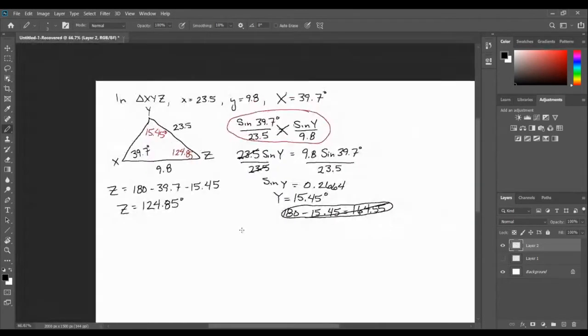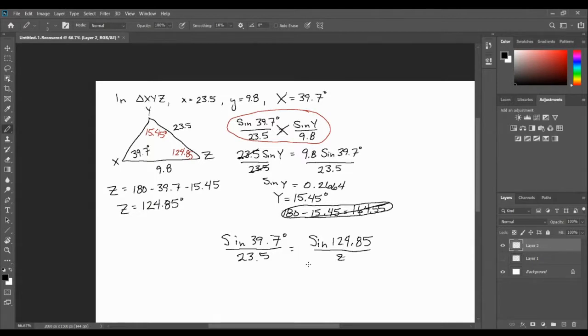Let me zoom out a little. This might give me a little more space. So sine of 39.7 degrees over 23.5 equals sine of 124.85 over C.